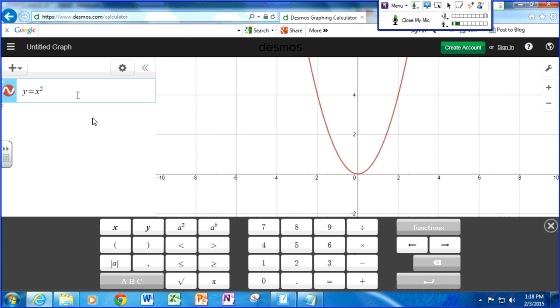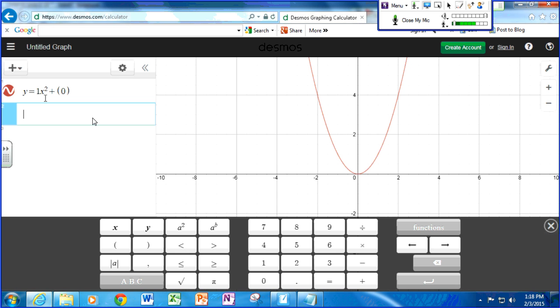So if our a was just 1, because if I put a 1 in front of here, it's not going to change anything. And if our k was 0, because then it would be just plus 0, which doesn't change anything. So this is what a parabola just looks like without h.